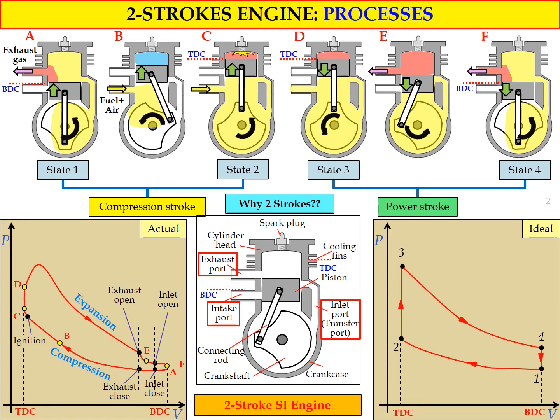So overall, one cycle for this engine consists of only 2 strokes: first the compression stroke, and second the power stroke. That's why we call this engine a two-stroke engine. I hope you can understand the details of the process and the mechanism of the two-stroke engine, so that later on we can differentiate between the two-stroke engine and the four-stroke engine.